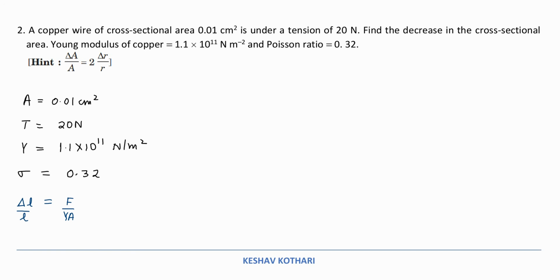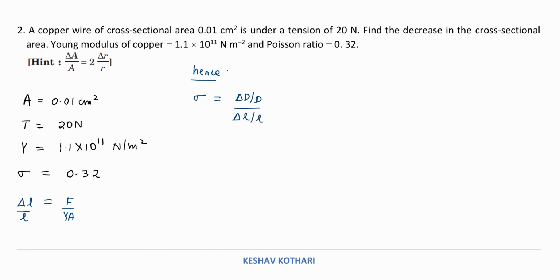Corresponding to this longitudinal strain, the lateral strain will also be developed in the wire, and hence there will be a change in the diameter or the radius of the wire. If I write the formula for sigma, it is the change in the radius or the diameter upon the change in length, that is delta L by L.